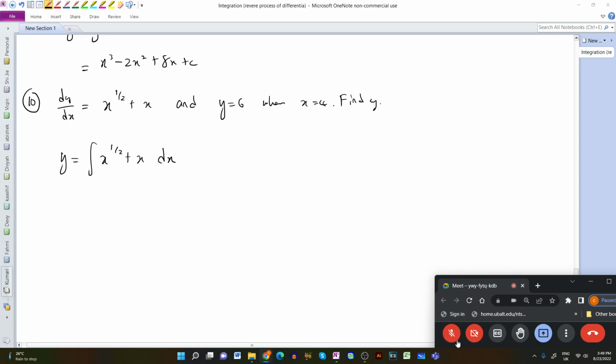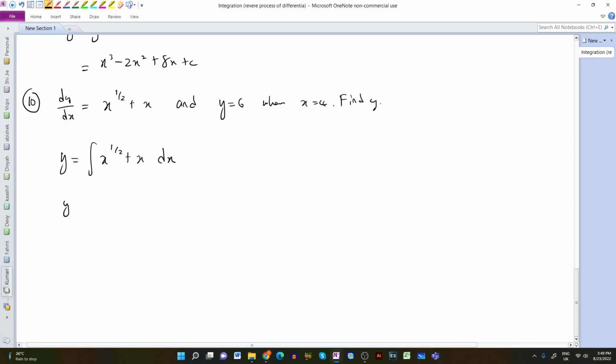Done, teacher. Is your y 2/3 plus 1? Yes, I got that. Now they have given you a clue here. When x equal to 4, your y is 6.